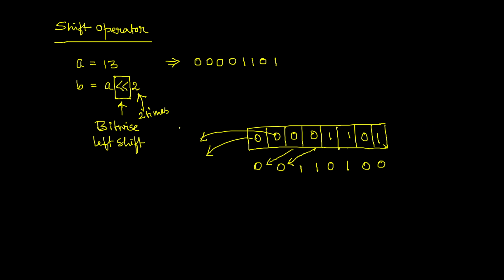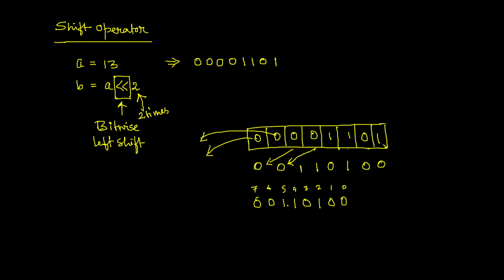So after shifting 2 times, the new binary combination that we have got is 0 0 1 1 0 1 0 0. Now if you want to find the corresponding decimal, it is 0 1 2 3 4 5 6 7.